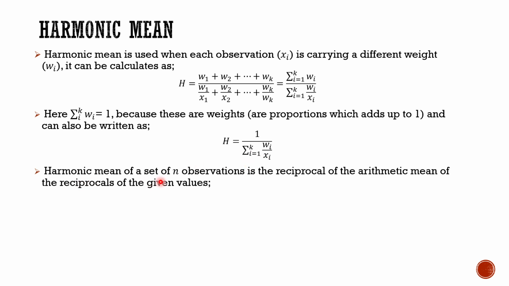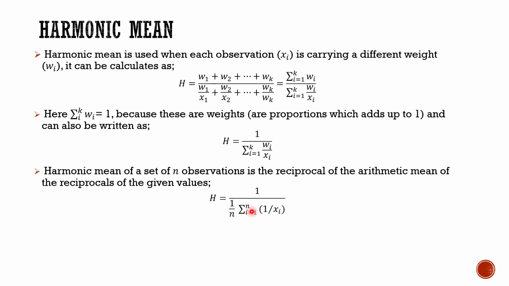The harmonic mean can also be calculated for n different observations. The harmonic mean of a set of n observations is the reciprocal of the arithmetic mean of the reciprocals of the given values. So the harmonic mean is 1 upon the arithmetic mean of the reciprocals of the observations.